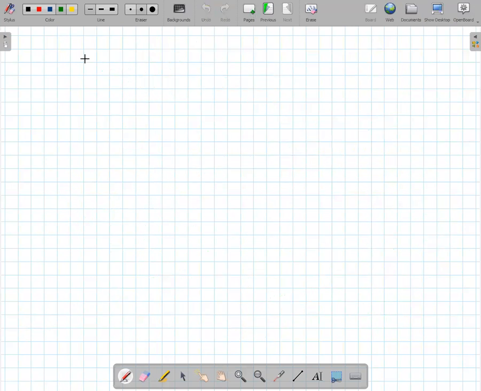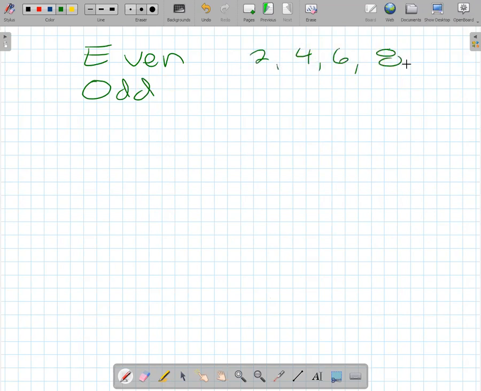Other patterns that we use a lot in our lives are like we talk about even numbers and odd numbers. So 2, 4, 6, 8. We just looked at that with connecting the tables and how many people we can sit. 1, 3, 5, 7, 9, and so on.